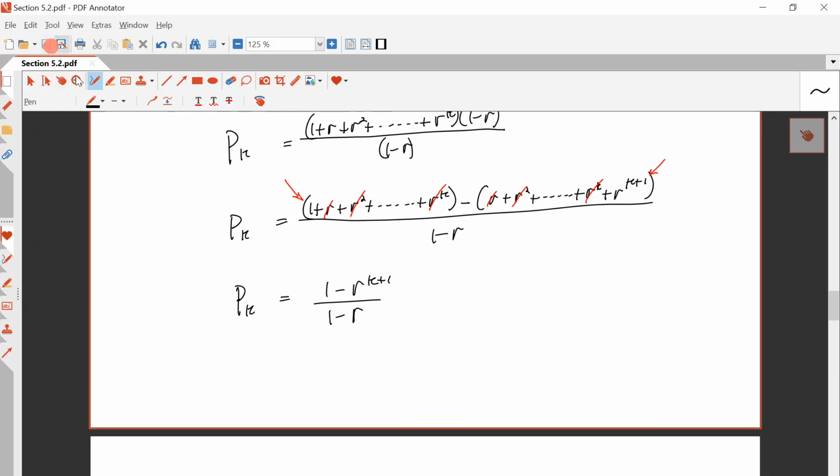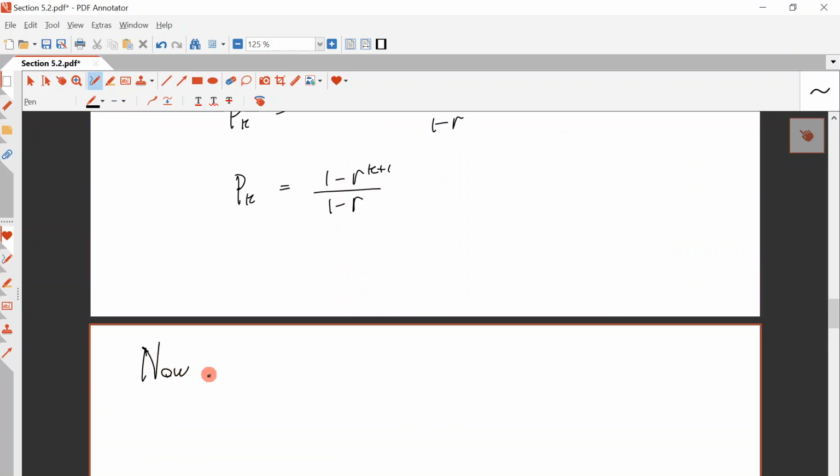So now, if r in absolute value is less than 1, like a half, like a third, like 9/10, negative 9/10, negative 1/2, negative 1/3, as long as the absolute value of r is less than 1, r to the n must converge to 0 because it keeps getting smaller. Whenever you multiply by a number less than 1, it just keeps getting smaller, and this one goes all the way to 0.